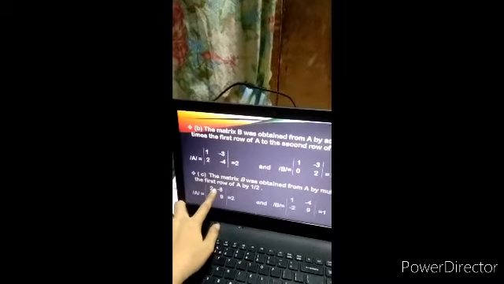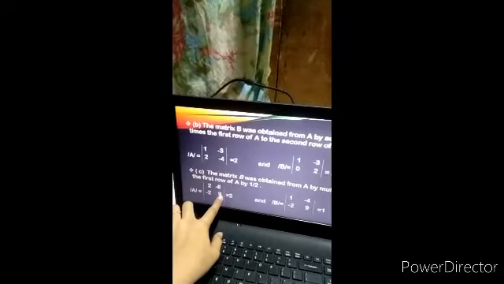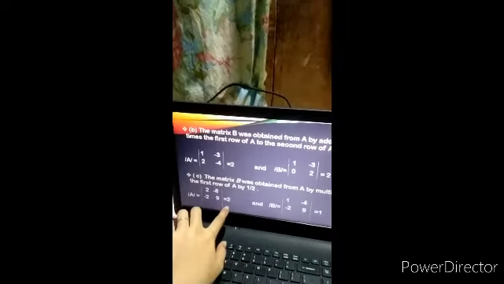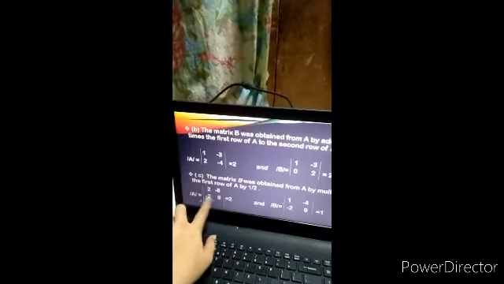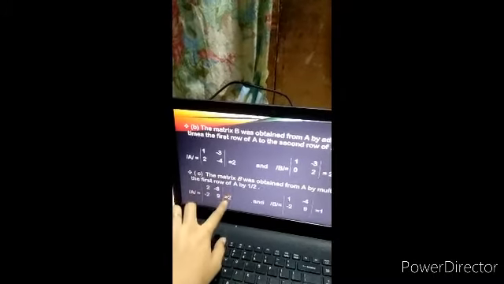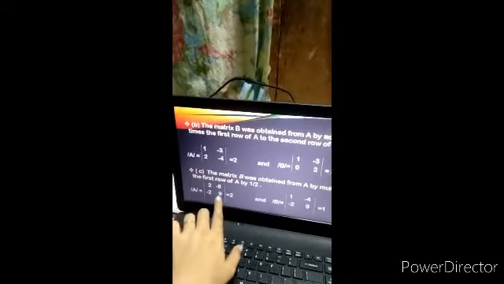So 2 times 9 equals 18. Then negative 2 times negative 8 equals 16. So that equals 2.